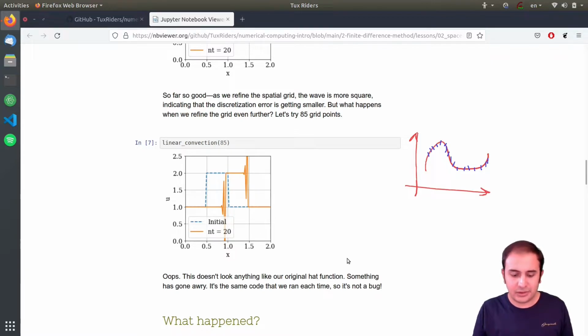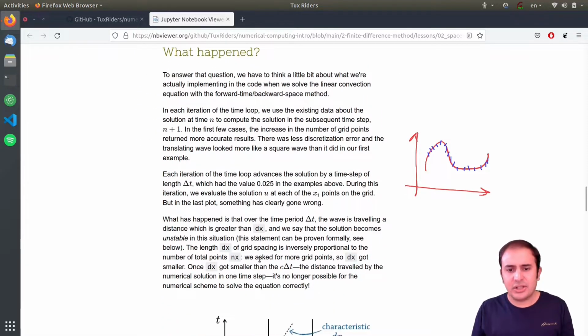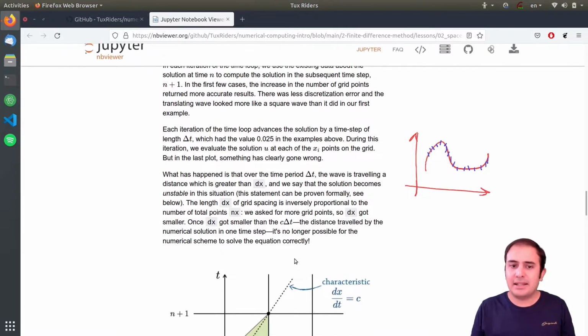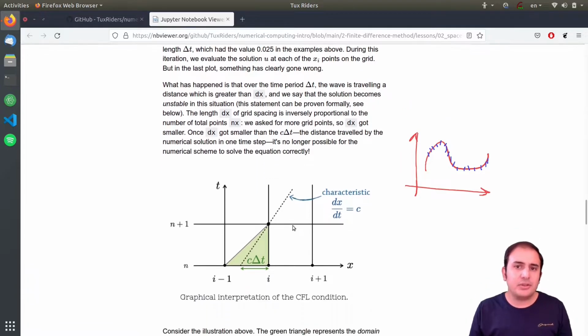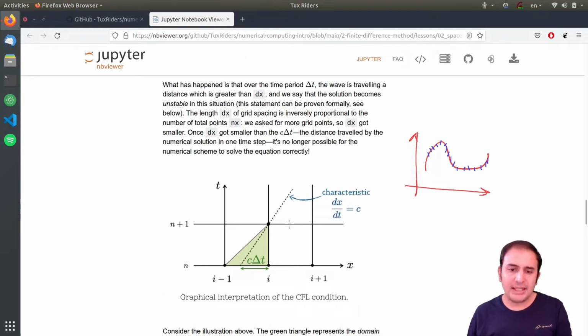Very important, actually. There is a discussion here, but I don't want to go into the mathematics described here, as I said in a previous video. But I want to show you why it says that the value of delta x should be lower than this c delta t.